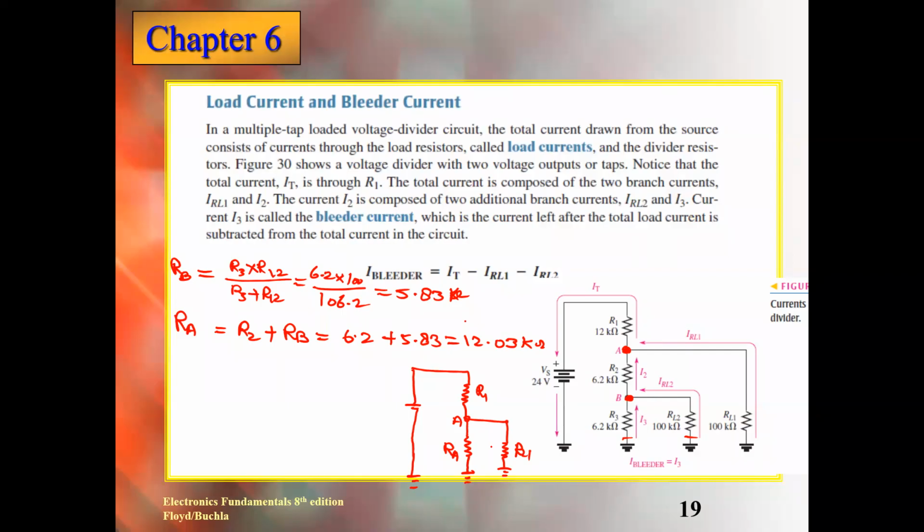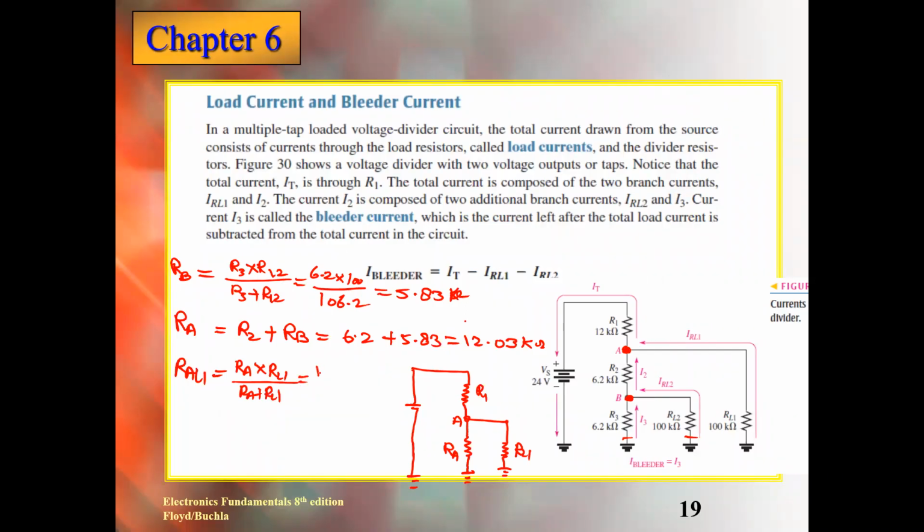So get the parallel combination first. RA and RL1, we can say it is a parallel combination, which is RA multiplied by RL1 over RA plus RL1. Write the values.